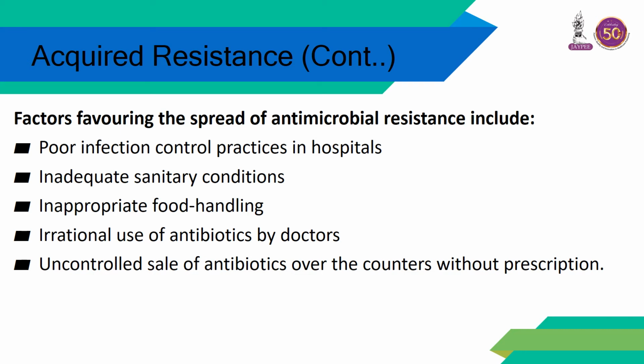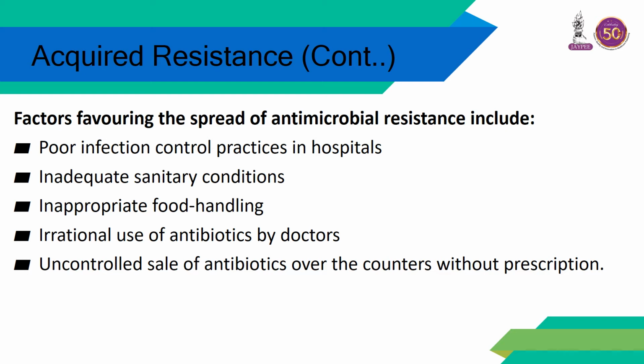Now, what are the factors that favor the spread of acquired resistance? This includes poor infection control practices in hospitals or inadequate sanitary conditions. Like if we are not maintaining a proper environment, if we are not cleaning the surfaces, not cleaning the floors, then the resistant bacteria might multiply in number.